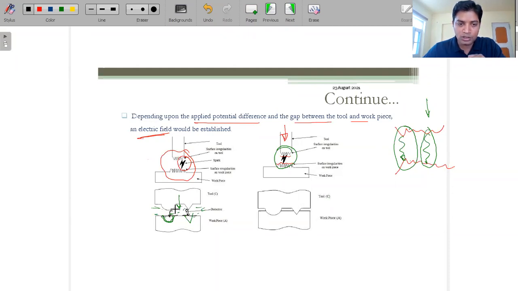As you move the tool toward the workpiece side, this will be the minimum gap, so material will start removing from these areas. Okay guys, now here you have to keep in mind one thing, that whatever the shape we have to create, you will answer me that.